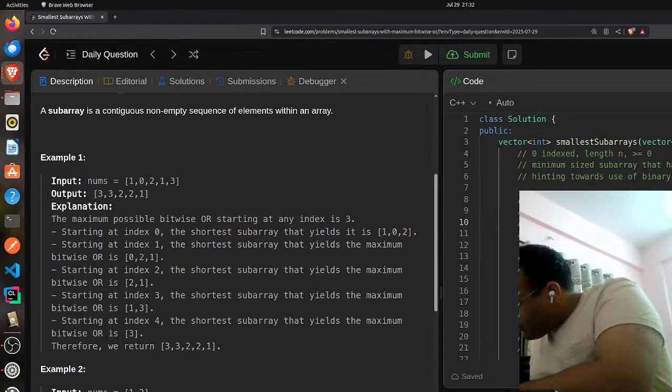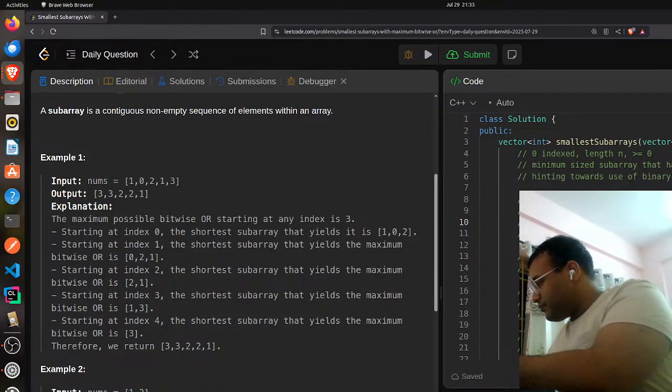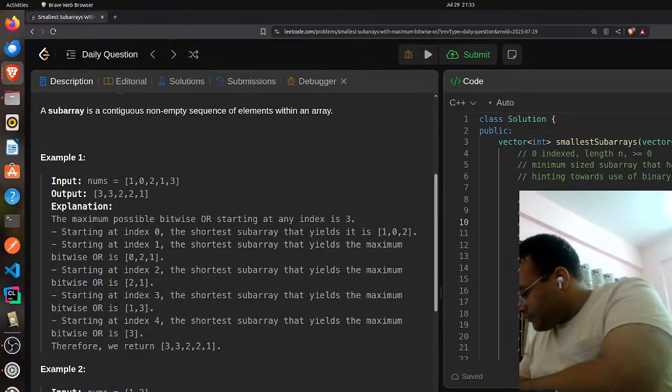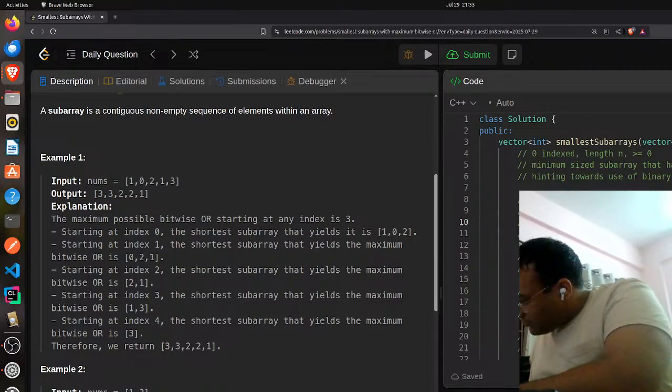I'll write it in bits: 1 0 1 0 1 1 1. Okay. So this is one, this is one.